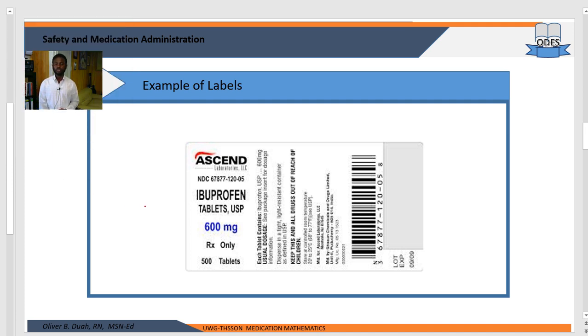The first component we talked about is the drug name. In this case, ibuprofen is the generic name for this medication. Think about the ads you see on TV about ibuprofen and some of the names you can come up with as brand names or trade names.